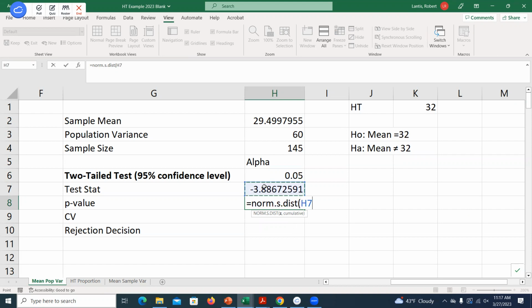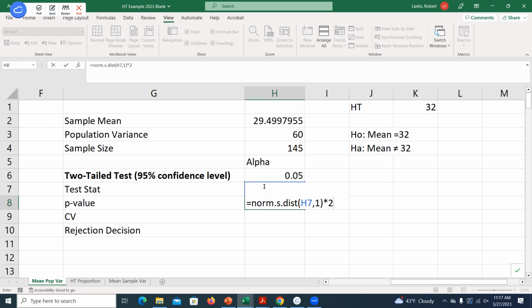So all I have to do is tell it that z-value, and then we always use this cumulative option for this function, so comma 1. So look up that z-value, give me that cumulative probability of the area to the left. Now that won't quite be my p-value. I still have to do what for a 2-tailed test? Yeah, multiply that by 2. So I can do that all in one cell, right? Just multiply whatever that probability is by 2.